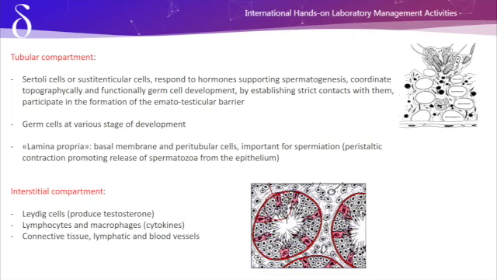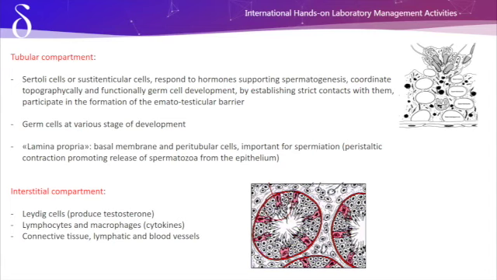And in the interstitial compartment are present Leydig cells, that are endocrine cells that produce testosterone. Testosterone will then be released into the blood, but also will reach the tubular compartment because the hormone also supports spermatogenesis.